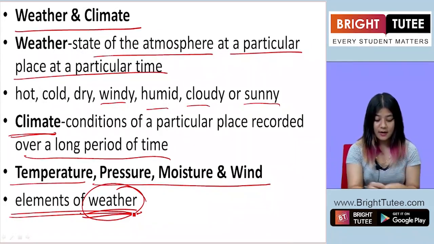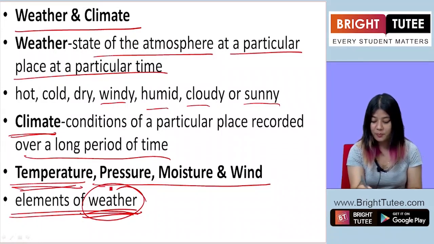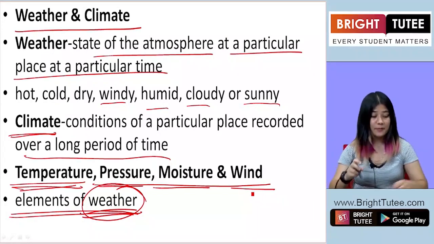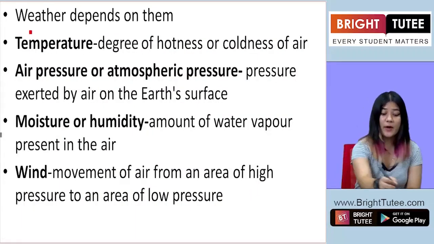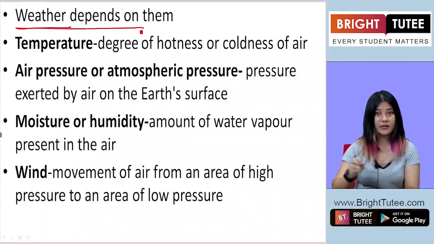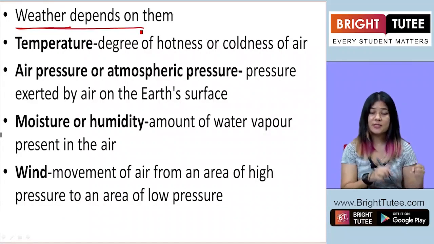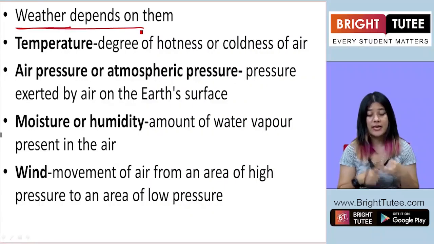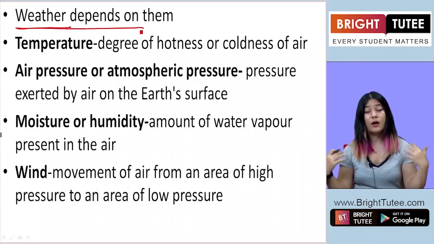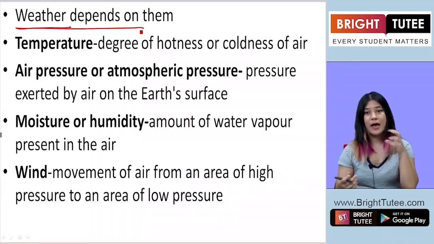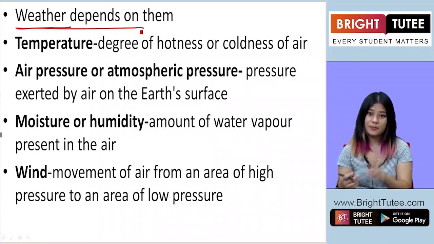So these elements such as temperature, pressure, moisture and wind are the elements on which the weather depends. Okay, so the weather depends upon these elements to record the condition, the state of atmosphere at one particular place at a particular time.